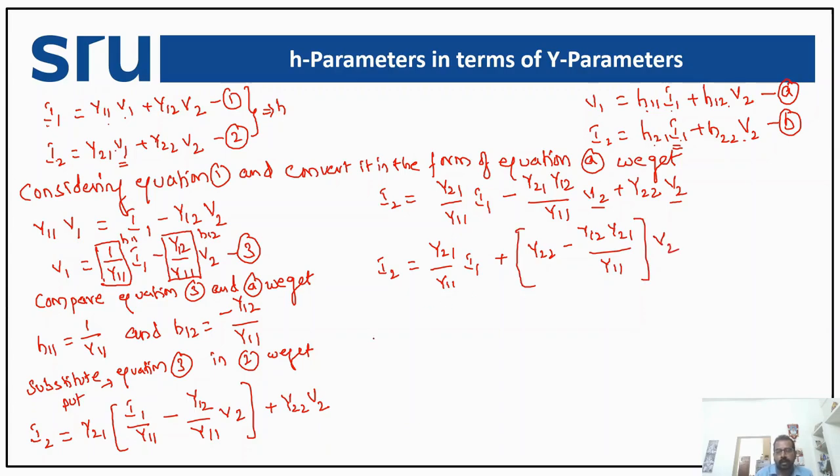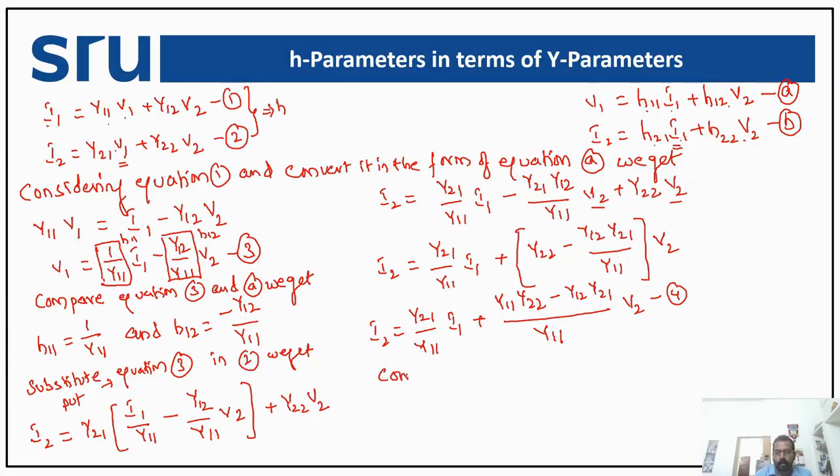So let us rewrite this equation. I2 is equal to Y21 by Y11 I1 plus Y11 Y22 minus Y12 Y21 divided by Y11 V2. Let us write this as equation 4.